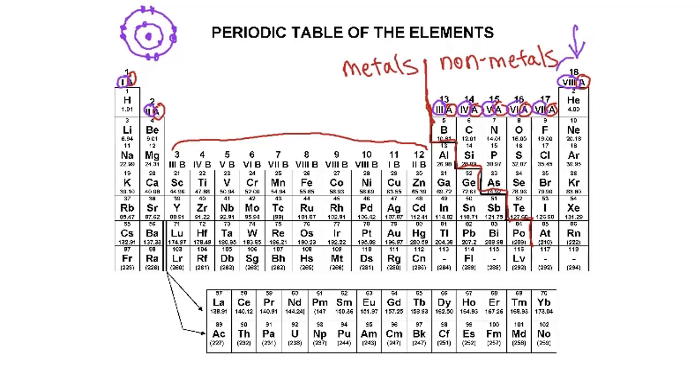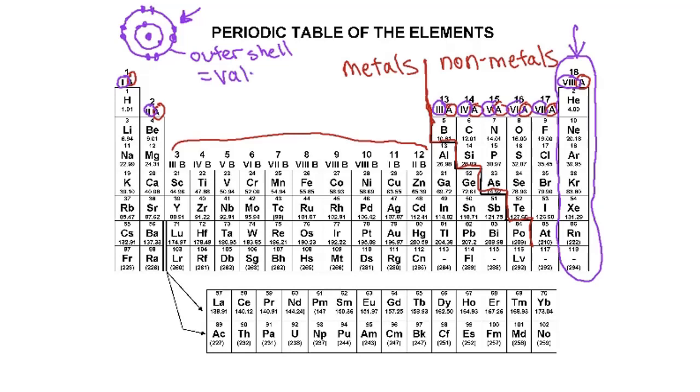The noble gases already have 8 electrons in their outer shell, so that's why they don't really play well with others, and they don't really do much mixing with other elements, because they're complete. They already have these 8 electrons in their outer shell. Now the outer shell is called the valence shell.